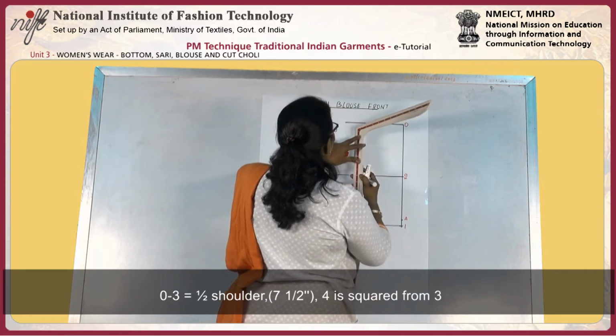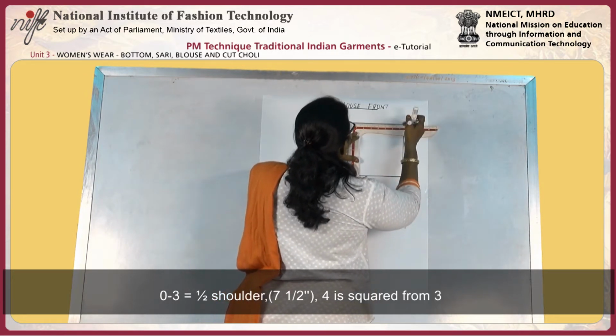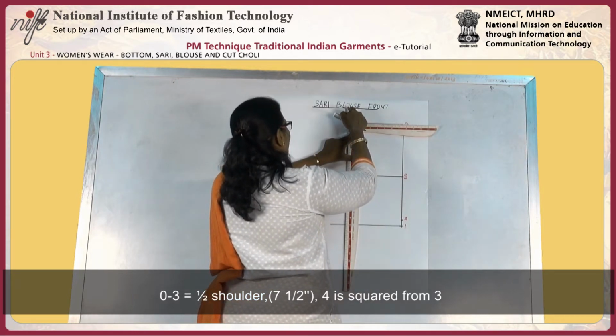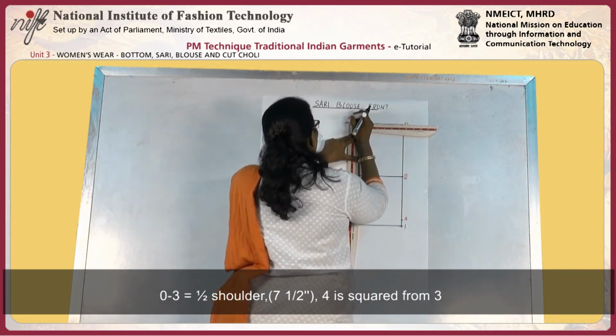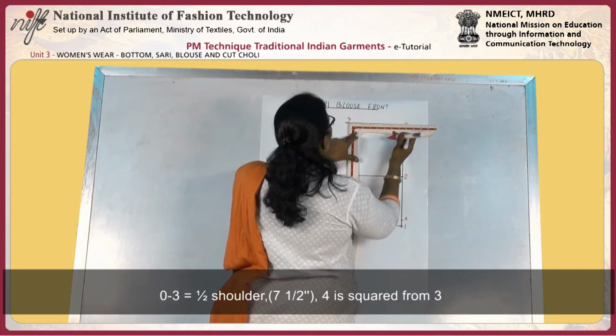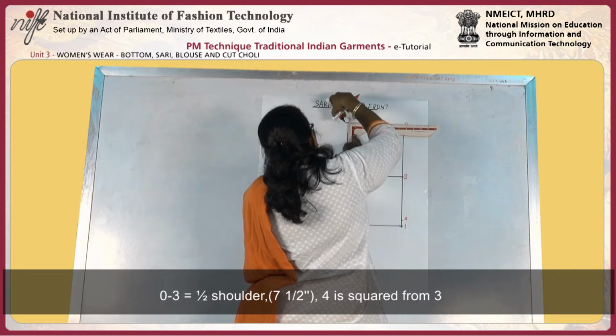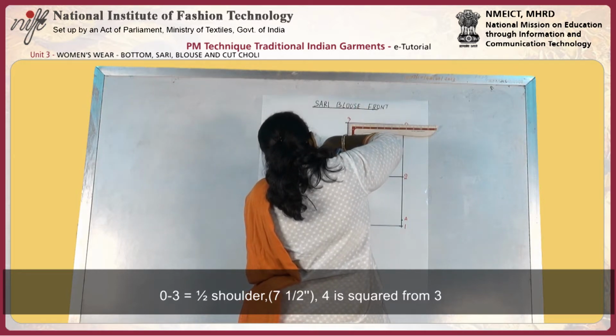0.3 is half of shoulder, shoulder is 15, half is 7.5, mark 3 and draw perpendicular line or square down 3 to 4.